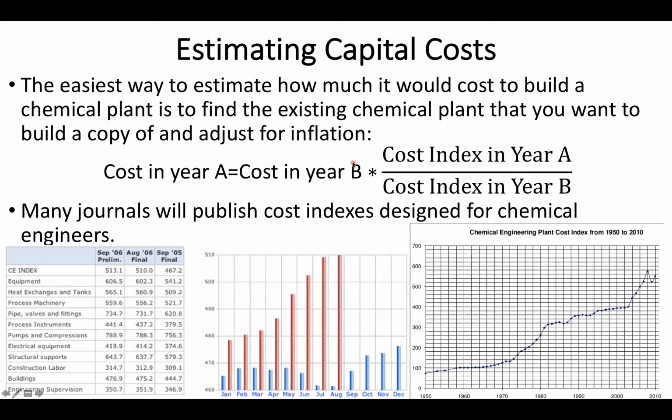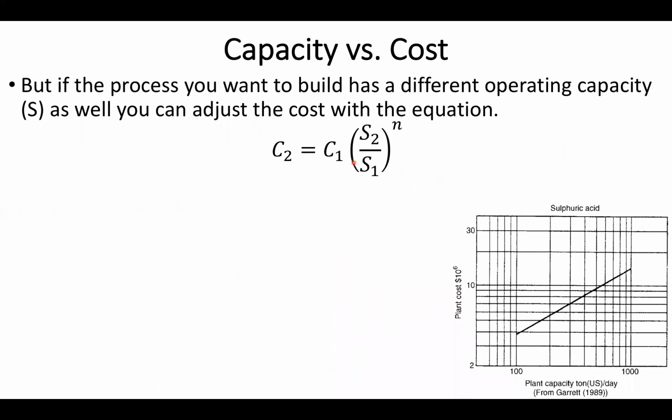But one of the things is that I might not want to build the exact same plant. I may want to scale it up or scale it down depending on how much chemical product I want to generate. So it turns out there's an equation for this too.